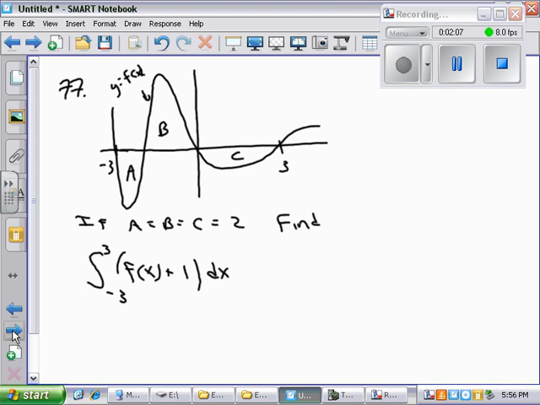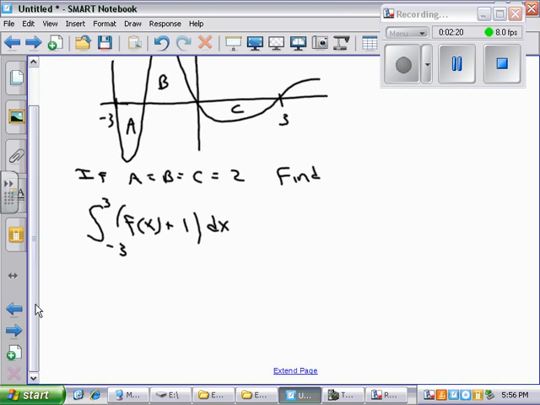77 for C. Okay, 77, they tell you that this area A is 2, this area B is 2, and this area C is 2. And they want to know what the definite integral of f of x plus 1 is. This is a common question where they want to know that you know that you can break up a sum or a difference.